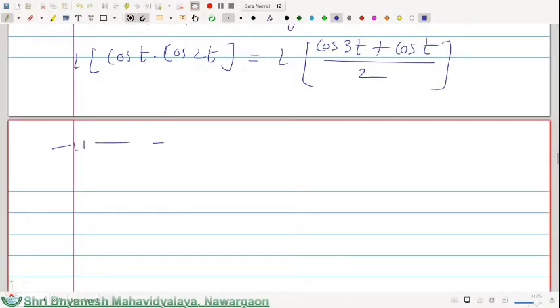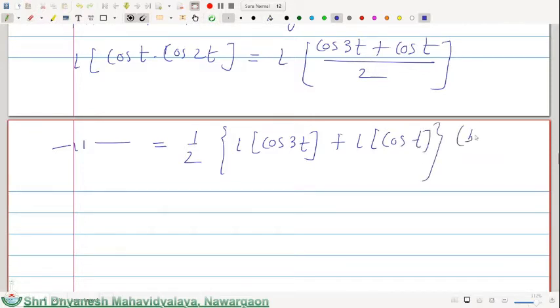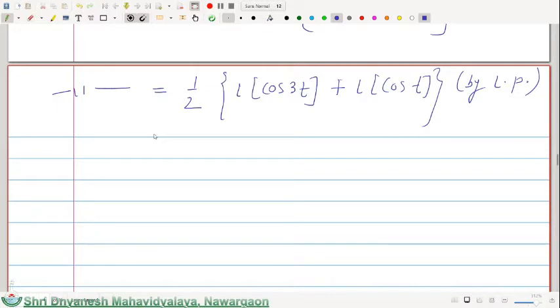It is 1 upon 2 times Laplace transform of cos 3t plus Laplace transform of cos t. You can give the reason here: by linearity property. So next step, 1 by 2 into, what is the Laplace transform of cos 3t?